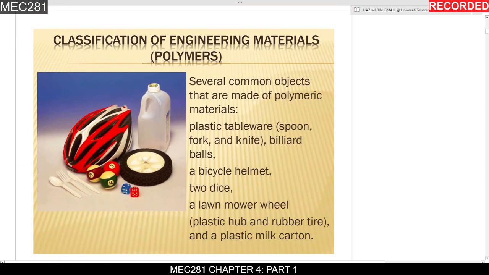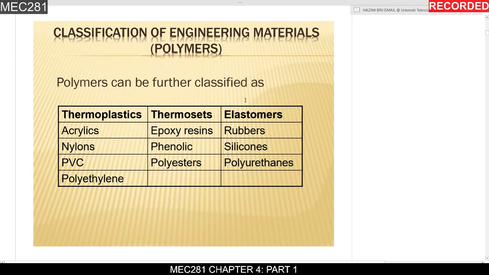And then for the polymers, several common objects are made of polymer materials, such as plastic tableware, spoon, fork and knife, billiard balls, bicycle helmet and so on. So mostly the materials that you find in our daily applications, which are based on plastics, we call polymer materials.